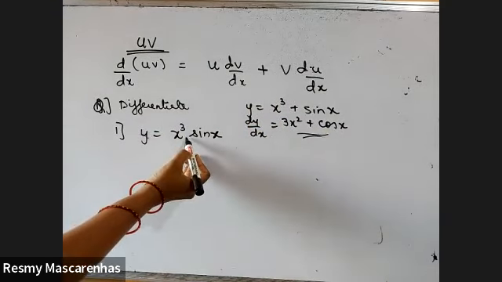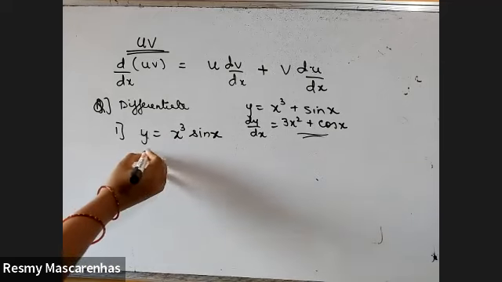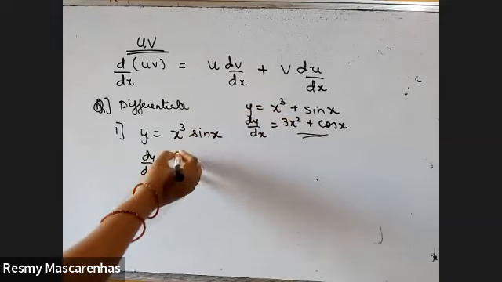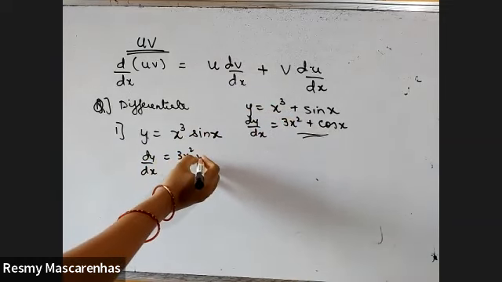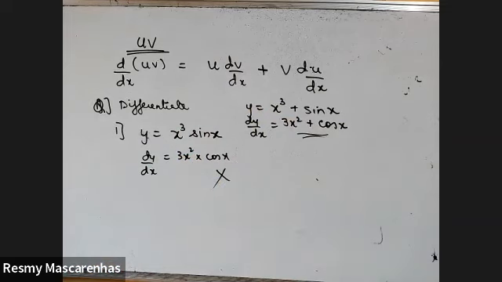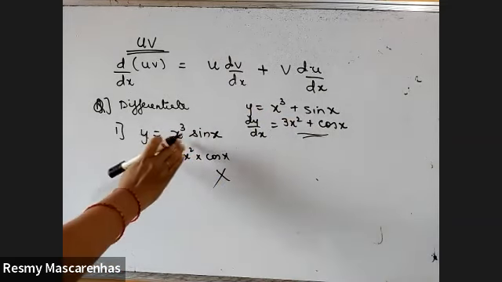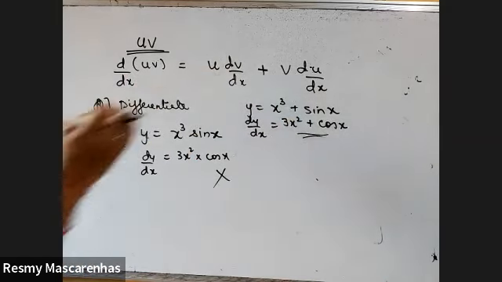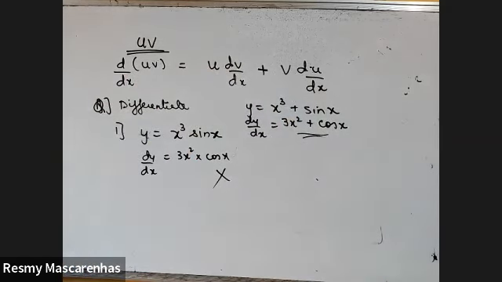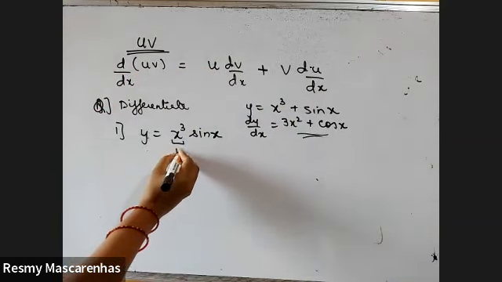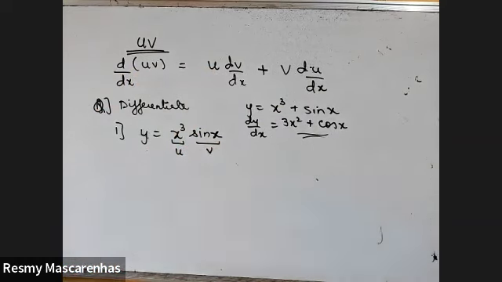But now there's a multiplication sign. If you write like this, because the derivative of x cube is 3x square, and then multiply, it is wrong. You directly cannot differentiate when there's a multiplication sign. You have to apply the u into v rule. As per that, this is u and this fellow is v.